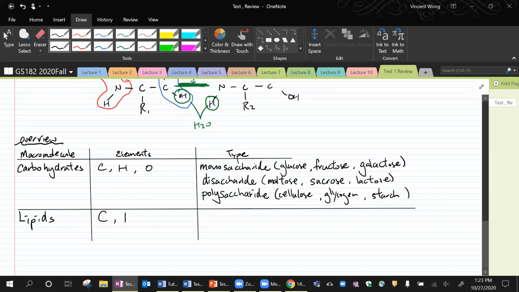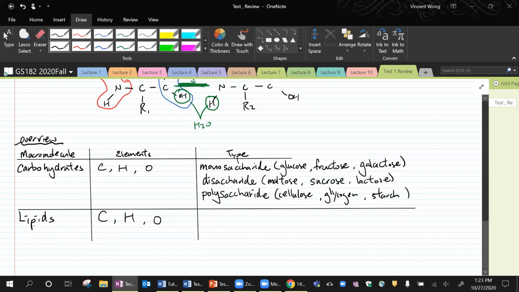Lipids are also C, H, and O. And I remember there was a question that asked, out of the 4 macromolecules, which one is not composed of repeating units of monomers? And the answer is lipids. For carbohydrates, you put many glucose together, for example.